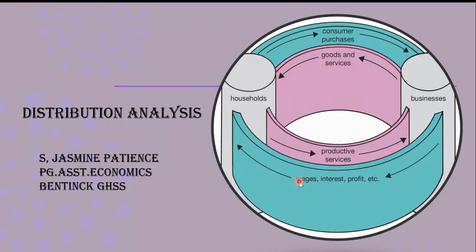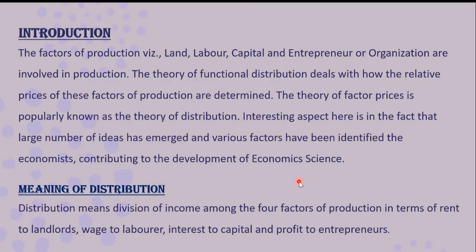Rent, wages, interest, and profit. Land gets rent. Labor gets wages. Capital receives interest, and the leftover, the balance, is called the profit, which is for the entrepreneur. So this is what is called distribution. Hope you understood the term distribution.